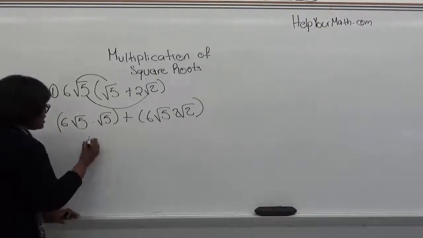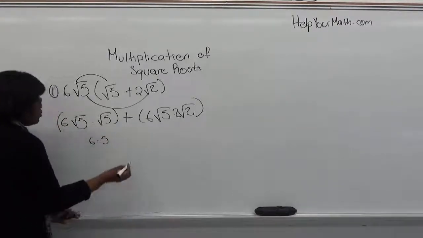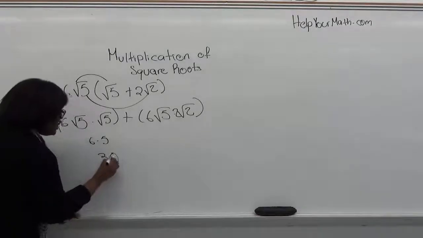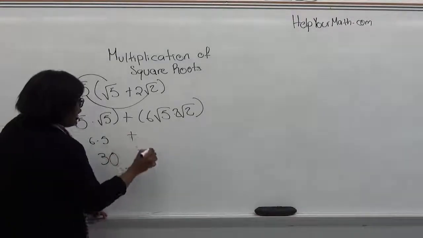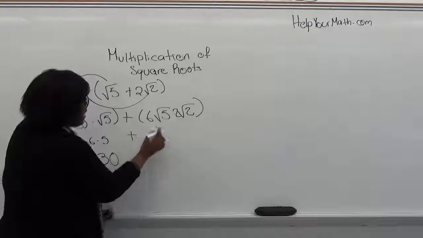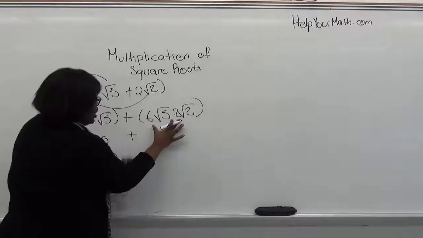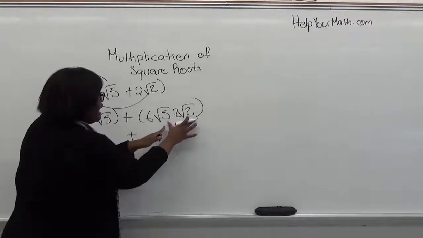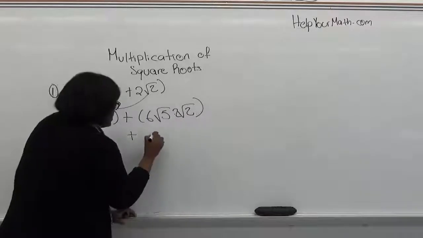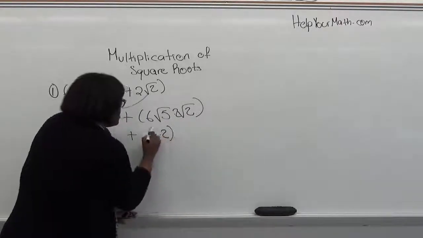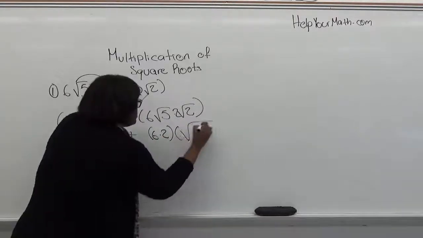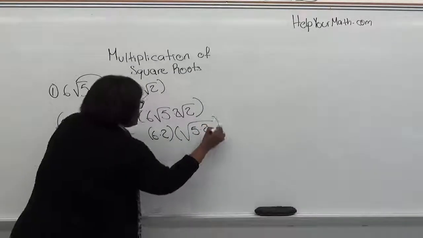So this would be 6 times 5, which would just give us 30. Then for this, we're going to multiply the coefficients, and then we're going to multiply the radicals. So this would just be 6 times 2, and radical 5 times radical 2.